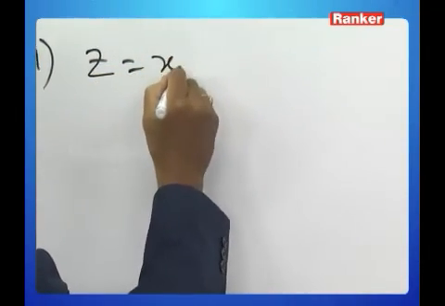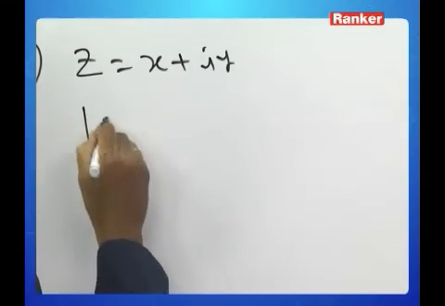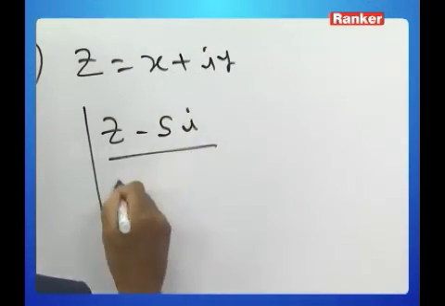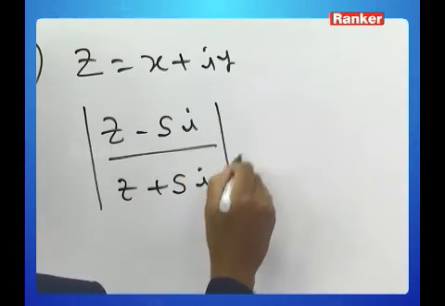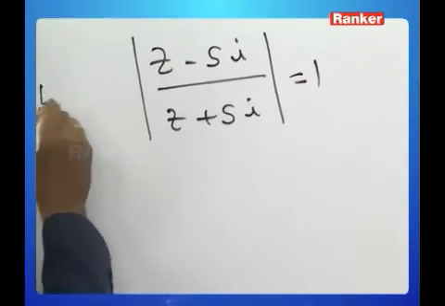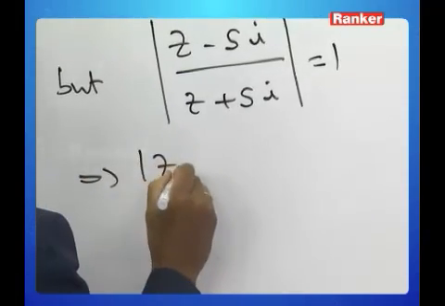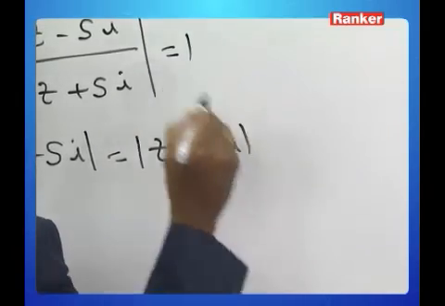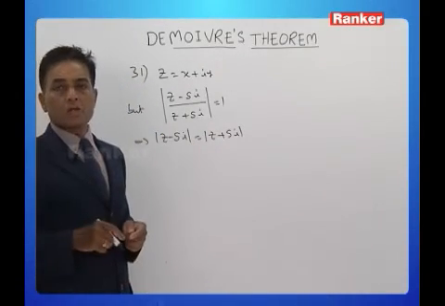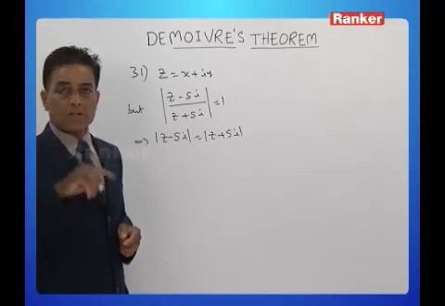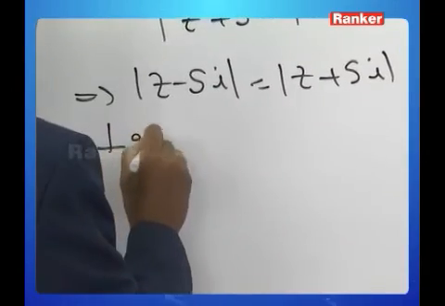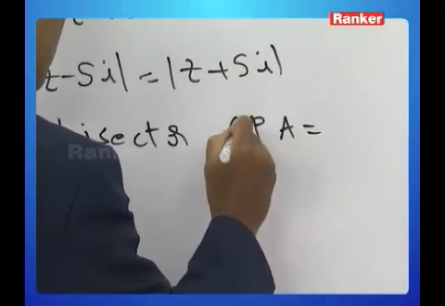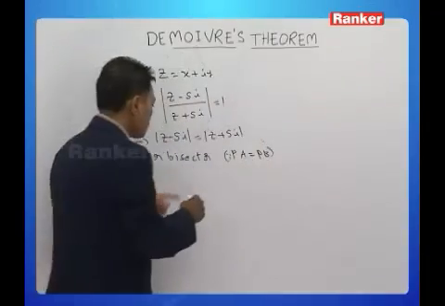z is x plus iy, modulus of z minus 5y by z plus 5y is equal to 1. Mod z minus 5y is equal to z plus 5y by cross multiplication. PA is equal to PB gives the perpendicular bisector of A and B. So, what is A here?